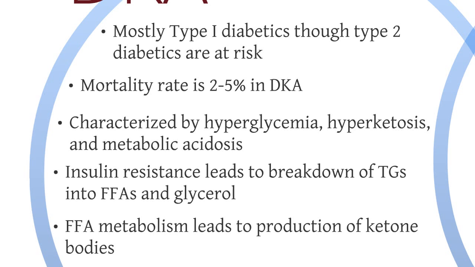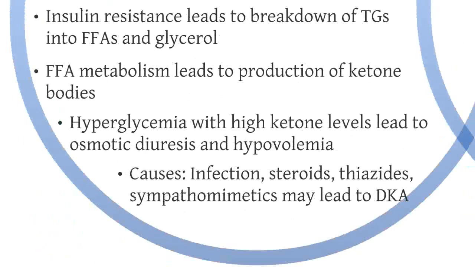Insulin resistance leads the body to seek other sources of energy and causes the breakdown of triglycerides into free fatty acids and glycerol. As free fatty acids are released, they are metabolized by the liver and produce ketone bodies.